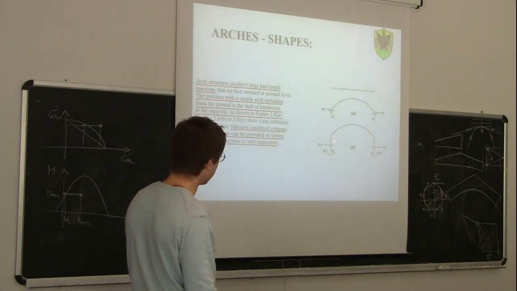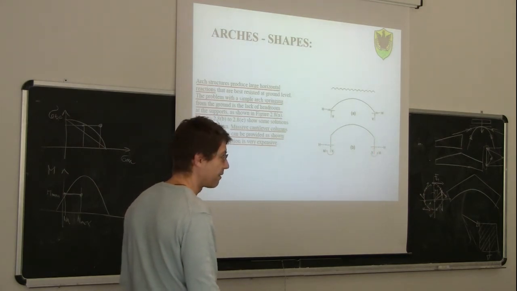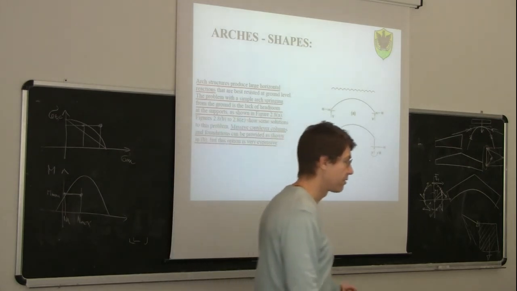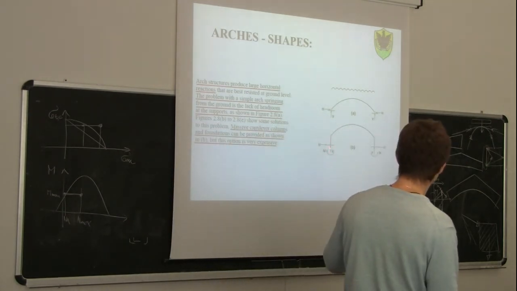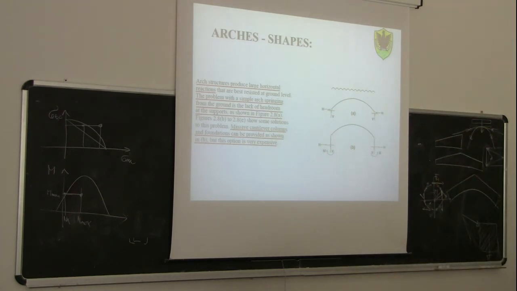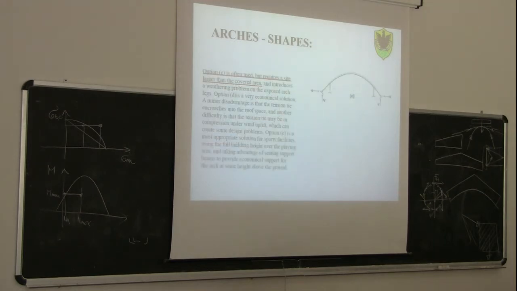From the structural point of view, however, the solution is much worse than the other, because you can see that these points here that should be fixed are no longer fixed, because they are subjected to possible horizontal displacement unless this member here is very stiff. So in this case, we need to make sure that this vertical member is very stiff. So we need to make it, for example, out of reinforced concrete, not out of timber, in order to prevent the horizontal deflection.